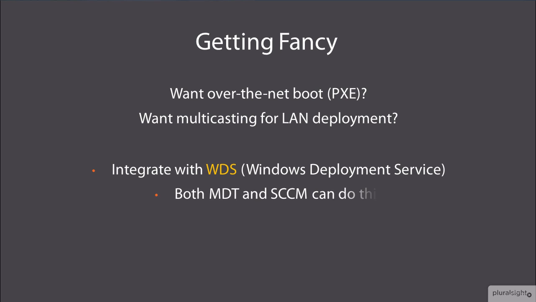This comes with Server 2012 and can be leveraged by both SCCM and MDT. Just make sure that your clients are PXE compliant, PXE standing for the pre-boot execution environment. Most clients are these days.